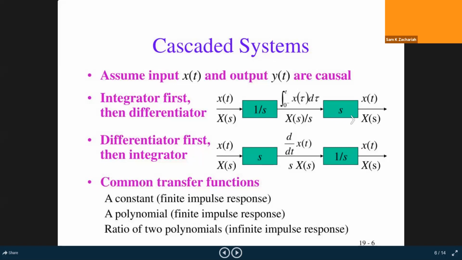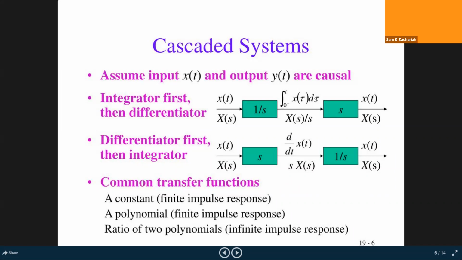You can see that the input is the same as the output because we are doing inverse operations. So irrespective of the order in which these systems are connected, you will get the same transfer function. For the overall transfer function, first you give x(t), you get the integral of x tau, then we are differentiating it.